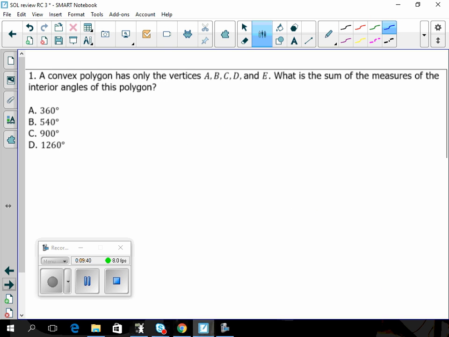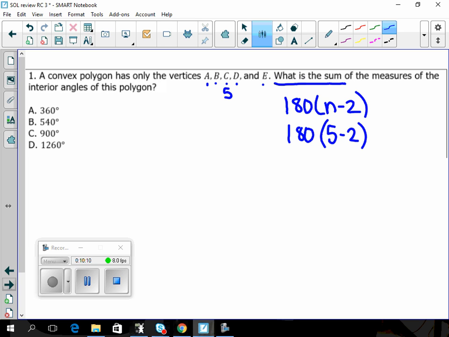So on the next page of your quiz, you should have polygons. And we have some formulas that we know about polygons. We are trying to find the sum. And we know that the sum formula for any polygon is this. Now we just have to figure out how many sides. If I have 1, 2, 3, 4, 5 vertices, that means there are 5 sides.